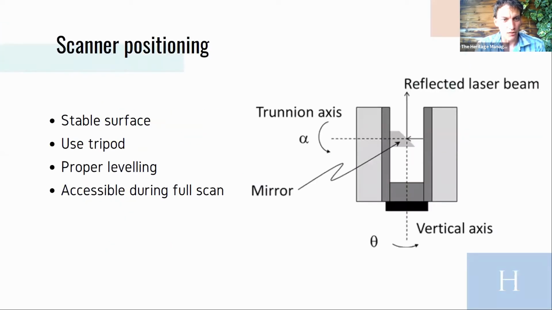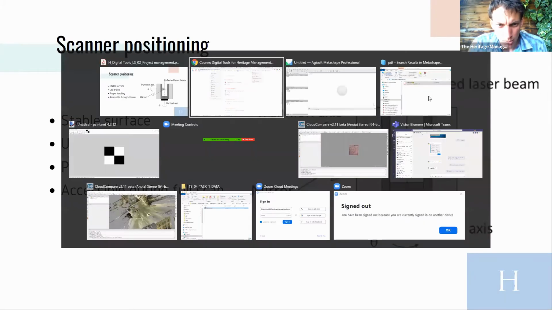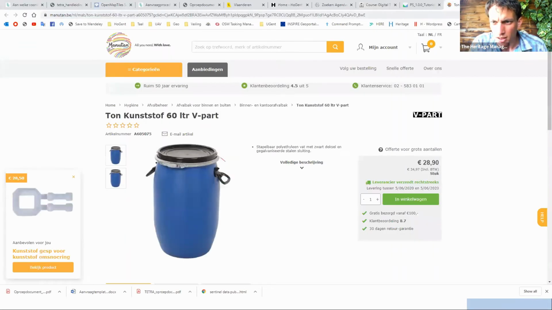So the scanner itself, we already know the properties of the scanner. We discussed that yesterday and on Thursday. A vertical axis always pointing upward, so you have to make sure with the bubble level, just for the people that are not familiar with it.